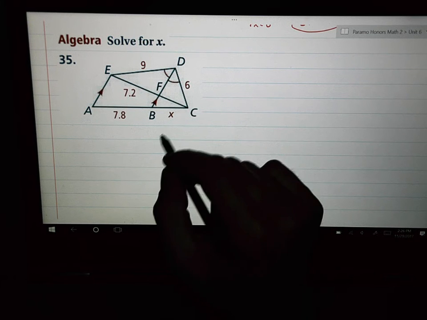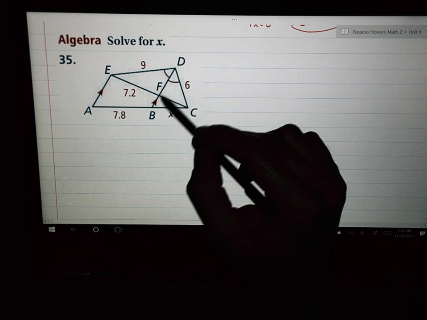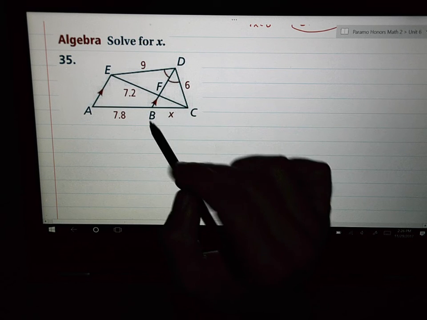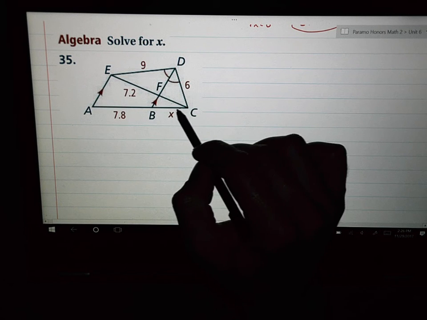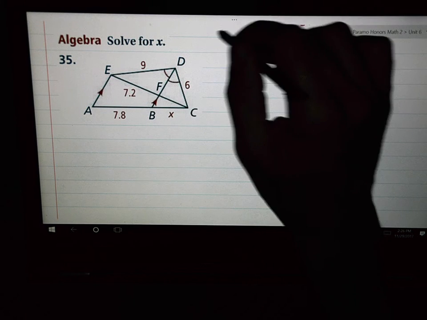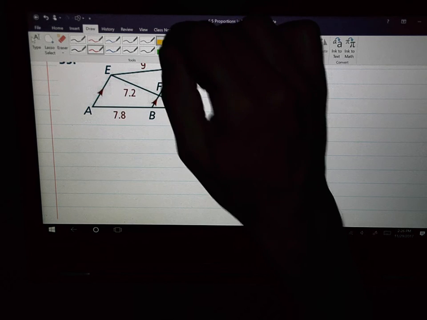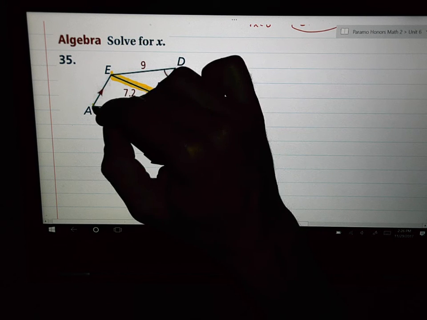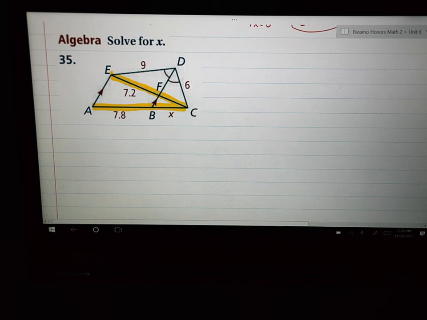We have an x, and I have a parallel line and another parallel line, and so I know that this is in proportion. This is a transversal, and I have another transversal. Let me pull out my highlighting pen. I'm going to do yellow. This one and this one are the only transversals.